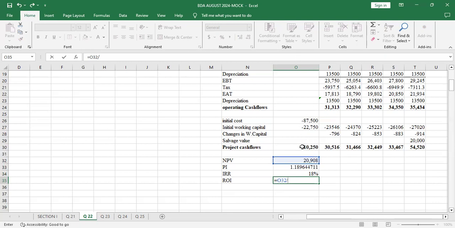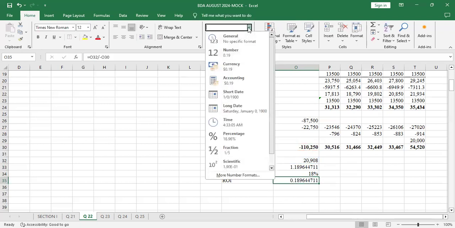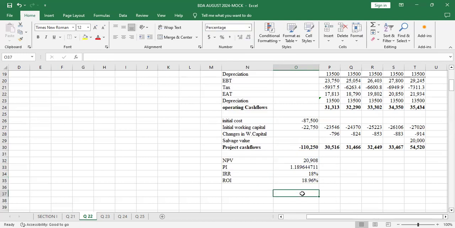We'll change this to positive, so I'll put a negative sign, then pick it, because the project cash outlay must be positive. It's easier that way. Then you enter. So we have 0.18. Let me change it into a percentage. It will give me 18.96%.